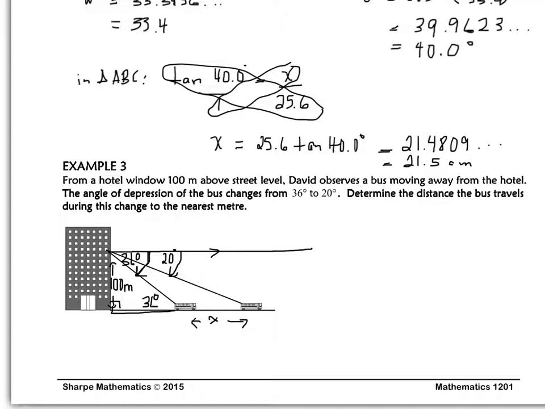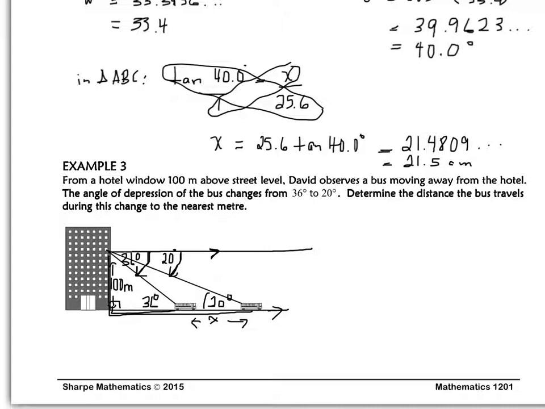If this is 20, you've got the parallel lines from here, up here, and the road. So this angle and this angle would be alternate interior angles, so they would be equal. So then we can use that in the bigger right triangle, which goes from the hotel window down into the bus. So then we've got two right triangles that we can use.